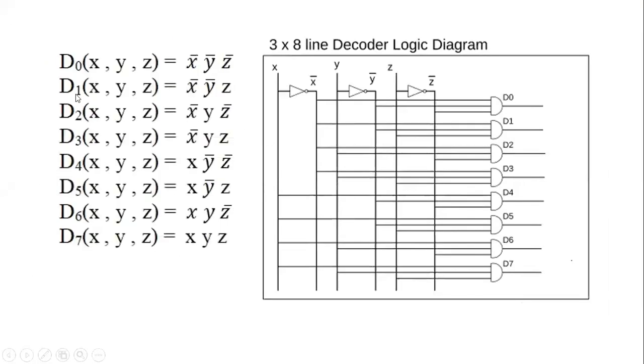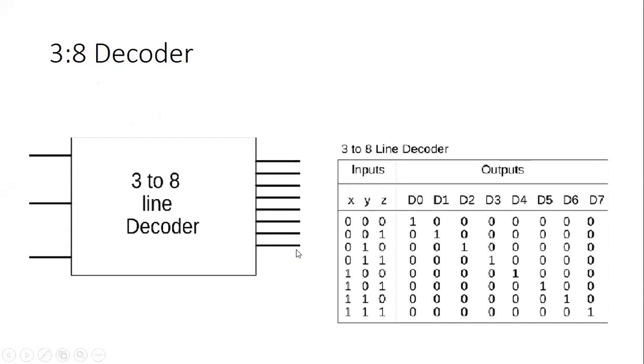Now this is the logic diagram, the Boolean expressions. D0, with 3 inputs X, Y, and Z, will be equal to X bar, Y bar, Z bar. According to the truth table, you can see D0 is 1 only when X, Y, Z is 0, 0, 0. So D0 will be equal to X bar, Y bar, Z bar.